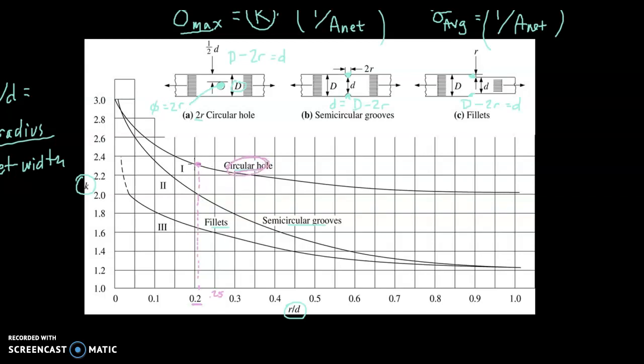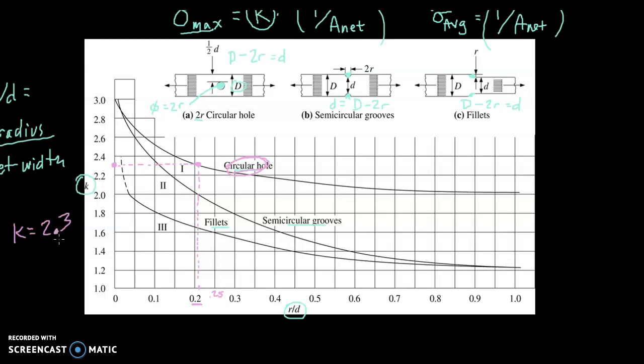So if I then come over horizontally, there is some room for interpretation here, but because it's somewhere between 2.2 and 2.4, I would probably say that K is equal to about 2.3. So there is some room for interpretation. If you say it's like 2.35 or something like that, that's okay.